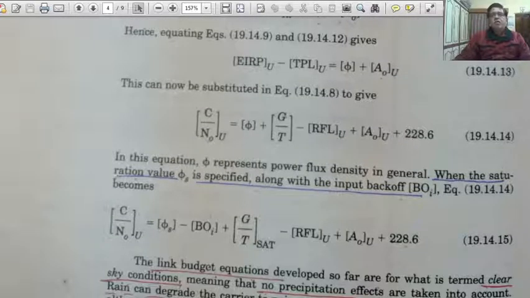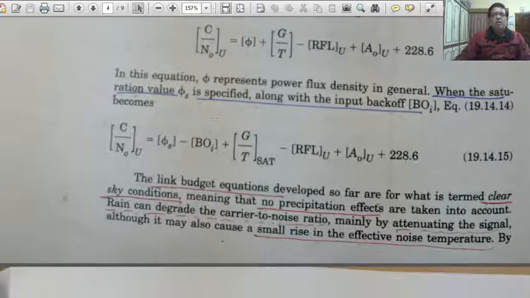This can be substituted in equation 8 to give C upon N0U equal to phi plus Z by T plus RFLU plus A0U plus 2 to 8.6. In this equation, phi represents power flux density in general.